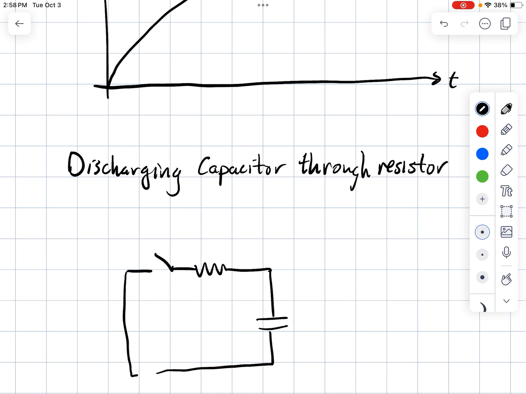What we have to do now is assume that initially the capacitor had some non-zero charge. If it was initially uncharged and then we close the switch, nothing would happen. There's no charge to remove from the capacitor. So we assume that initially the capacitor is charged to some voltage, and then we measure the voltage across the capacitor after we close the switch.